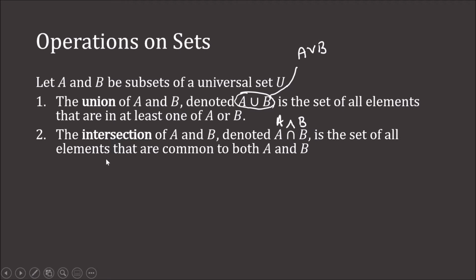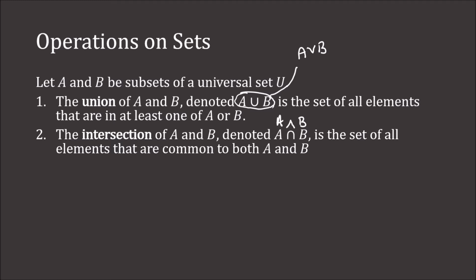It's the set of all elements that are in A and in B. So the union and the intersection are very similar to or and and from logic.